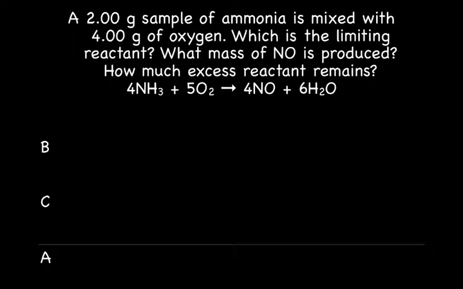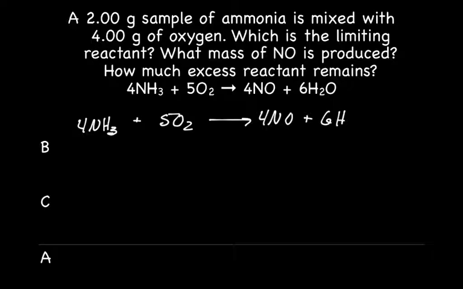So we're going to have 4NH3 plus 5O2 producing 4NO plus 6H2O. And then we'll divide these up.